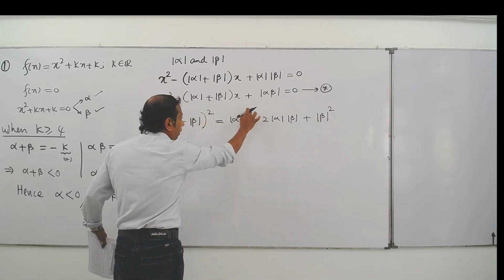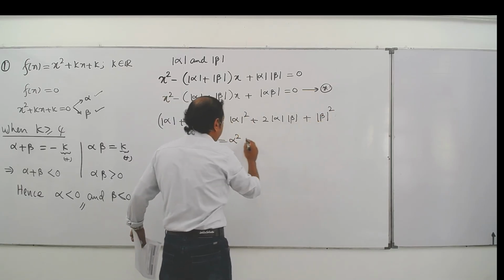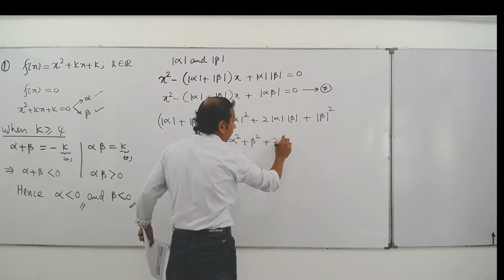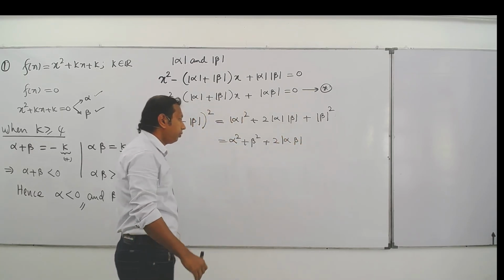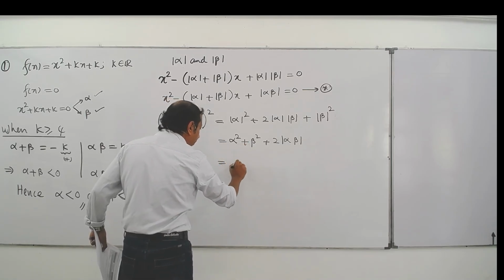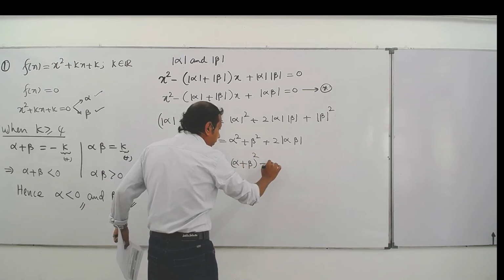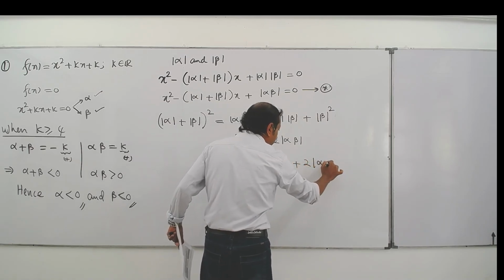Mod alpha squared is equal to alpha squared. Mod beta squared is equal to beta squared. Here you can write this as mod alpha beta. Furthermore, you can write alpha squared plus beta squared as alpha plus beta perfect squared minus 2 alpha beta, plus 2 times mod alpha beta.